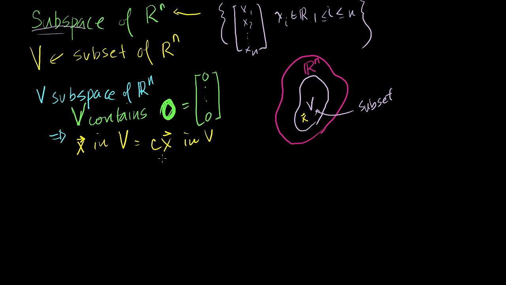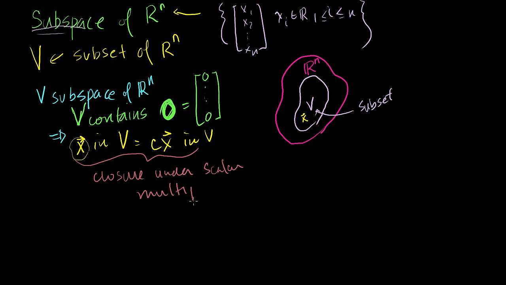For those of you who are familiar with the term, this is called closure. If I have any element of a set, this is closure under scalar multiplication. Let me write that down in a new color. That's just a fancy way of saying, if I take some member of my set and multiply it by some scalar, I'm still going to be in my set.